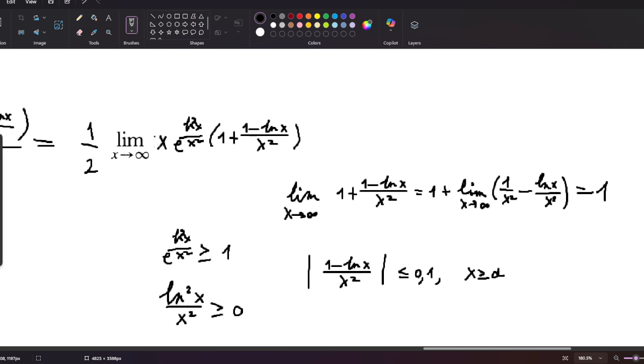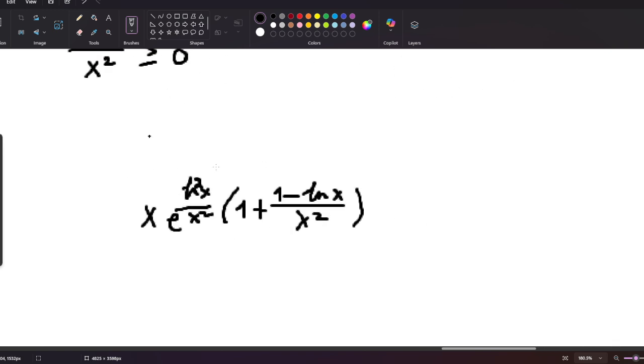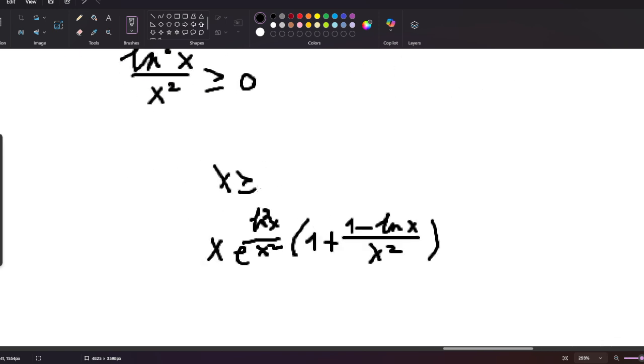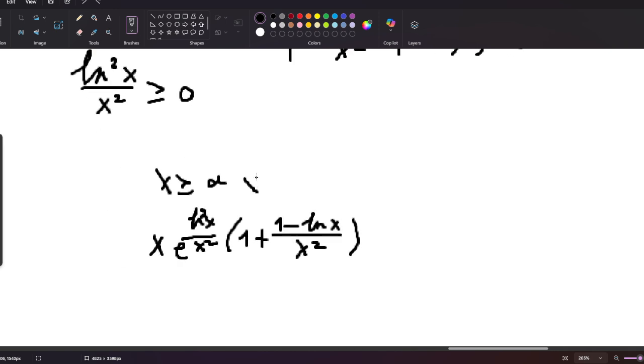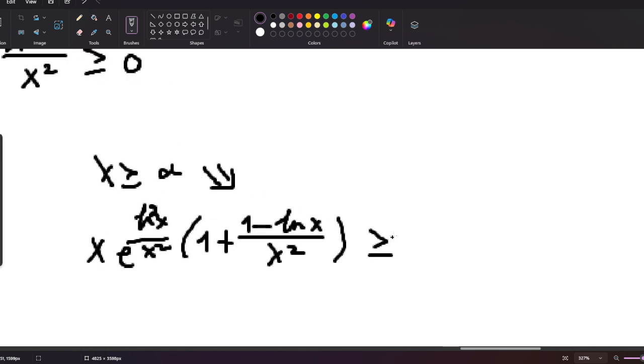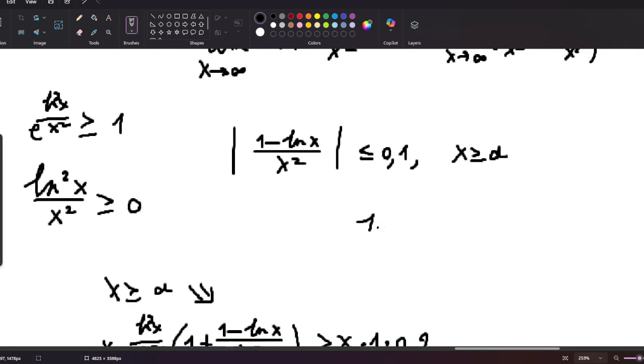That essentially means you can safely say that this expression over here for x greater than or equal to a is going to be greater than or equal to x times 1 times 0.9, because 1 minus 0.1.